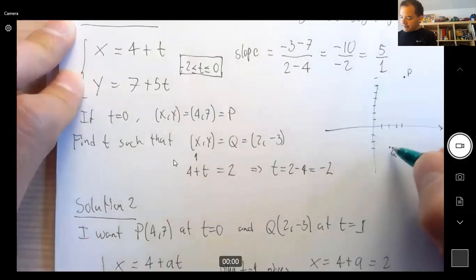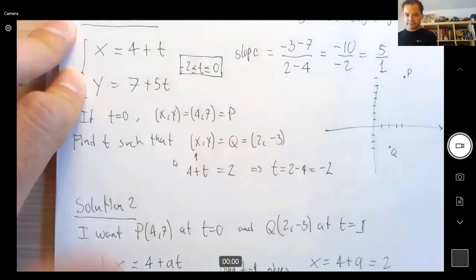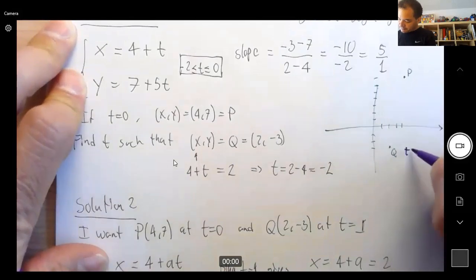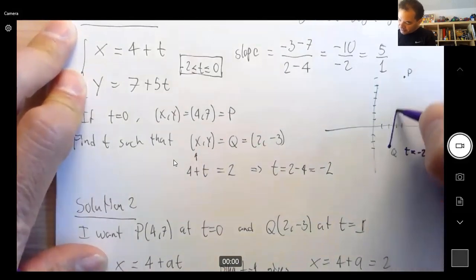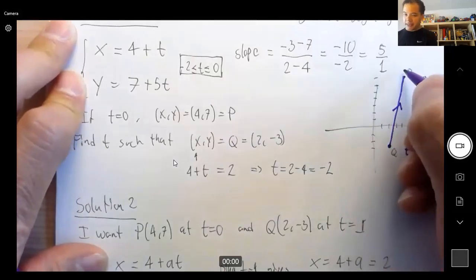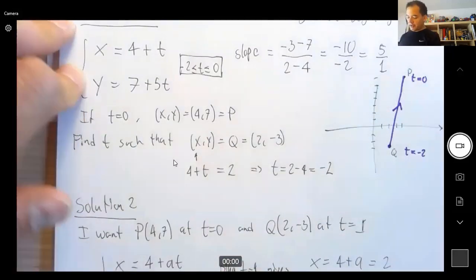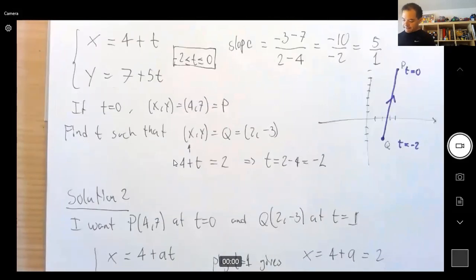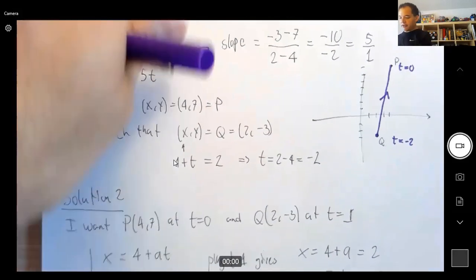So this one starts here at T equals -2. We're here, and then it goes this way, and it finishes at T equals 0. So it goes from Q to P. That's the one we did here. And then the second one we did, let me draw it over here.